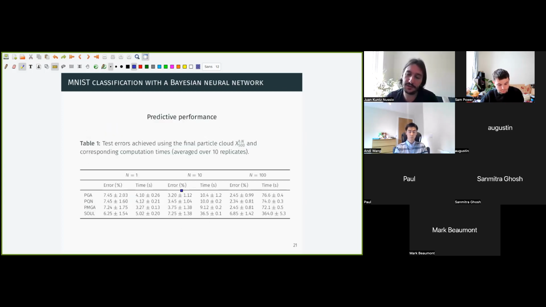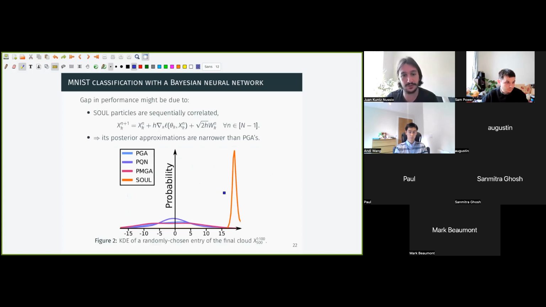And as for the test error, the explanation we have so far just comes from plotting the posterior approximations. Here's a single coordinate; some coordinates would look like these, others would look a little bit broader for SOL. But what you would see is that the SOL approximations would be pretty peaked compared with the other ones.